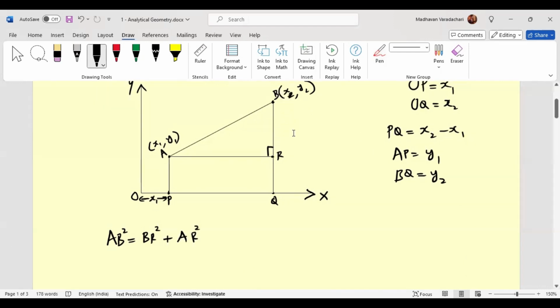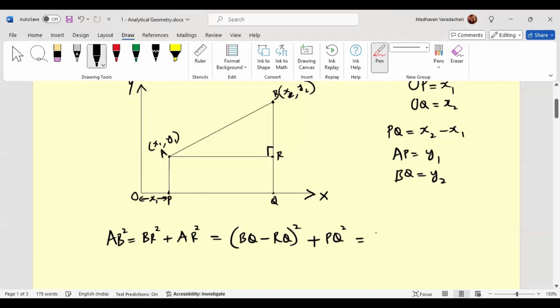Now, BR is nothing but BQ minus RQ, the whole square. AR square can be replaced with PQ square. So plus PQ square.